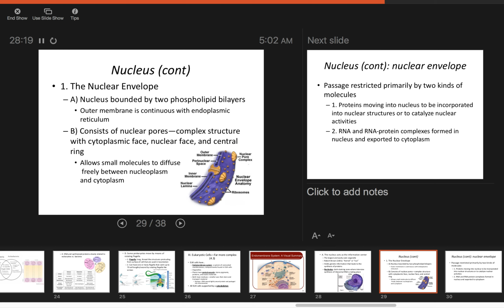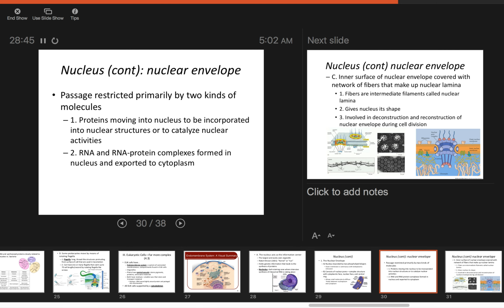The nucleus has several nuclear pores. It's very complex. It has a cytoplasmic face, which means it faces the cytoplasm, a nuclear face, the part that faces the inside of the nucleus, and then a central ring that we'll talk a little bit about. But it allows small molecules to diffuse freely between the nucleoplasm, the stuff inside the nucleus, and the cytoplasm.